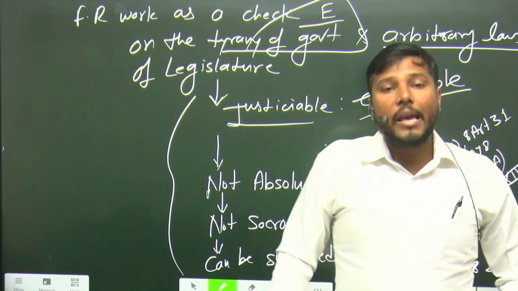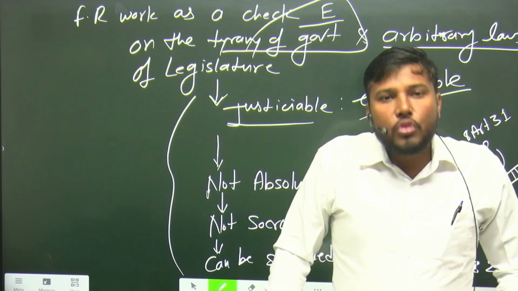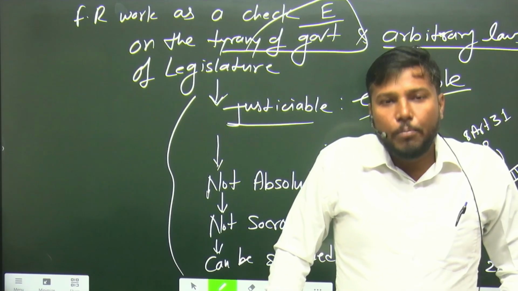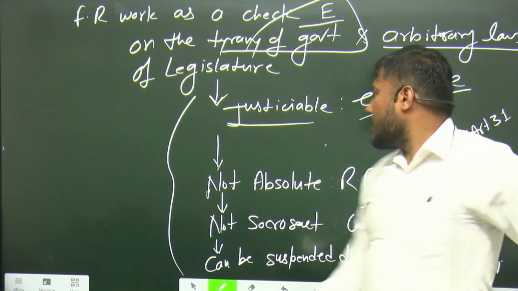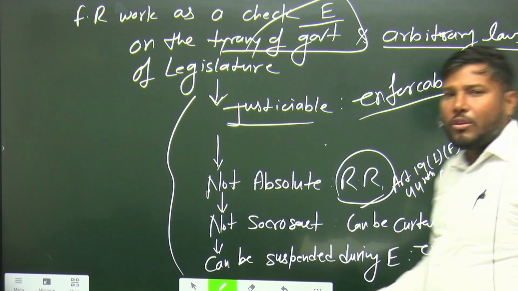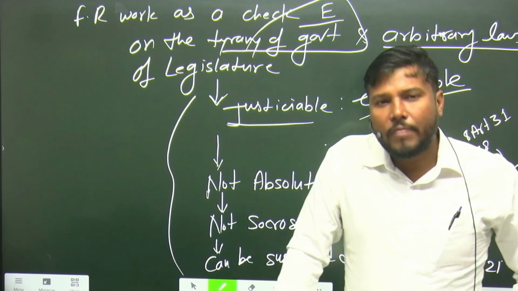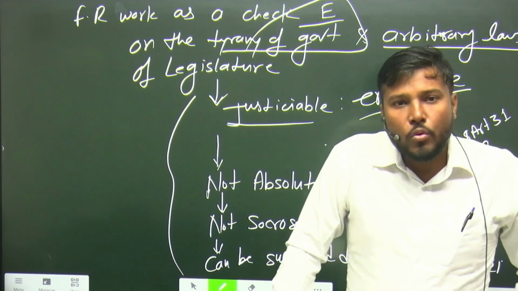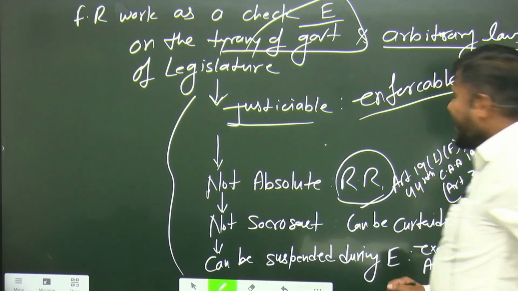I think a rational attention needs to be put again on the reasonable restrictions part of our fundamental rights. So various kinds of reasonable restrictions are there on our fundamental rights, but their reasonability needs to be looked into again. This is my personal opinion, right?